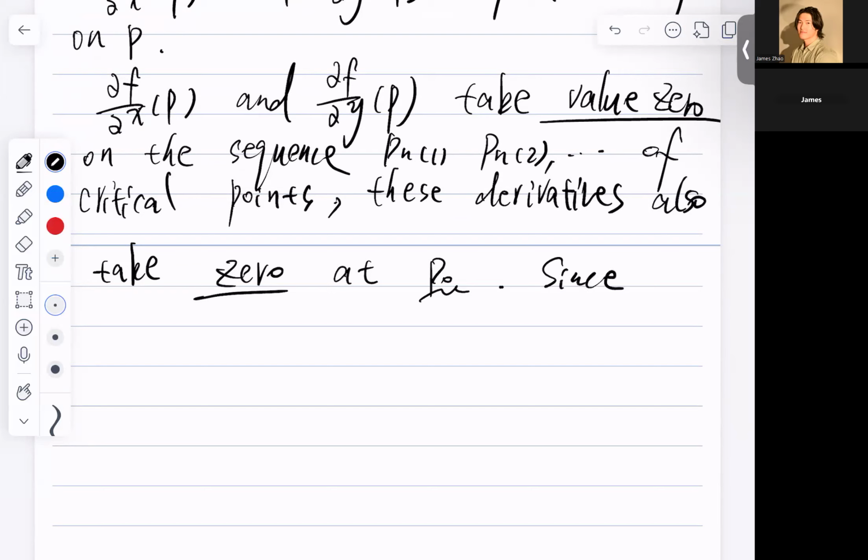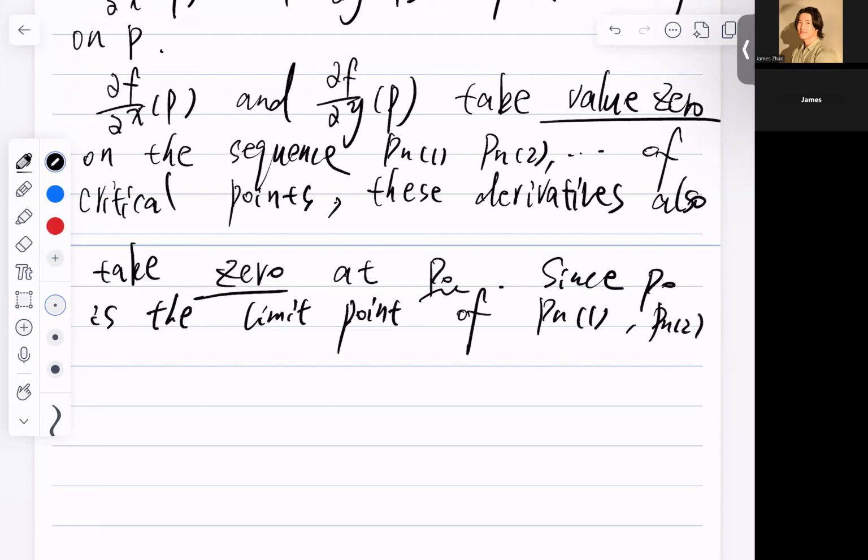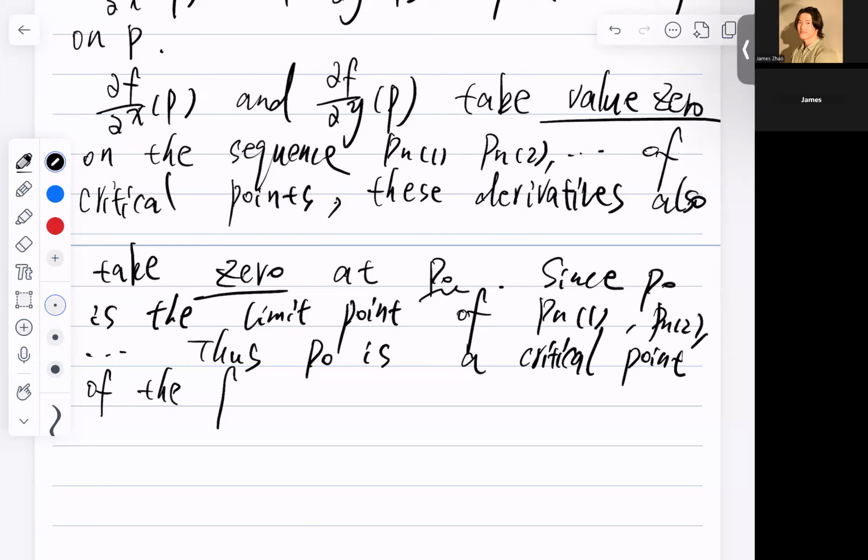And since P naught is the limit point of our Pn1, Pn2, our subsequence, thus P naught is a critical point, right? That makes sense. Also, it satisfies the definition of the function f.